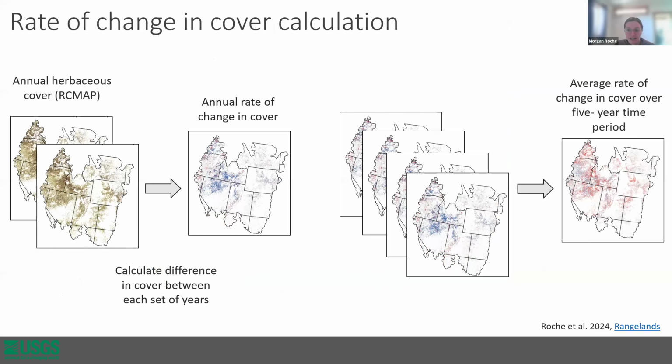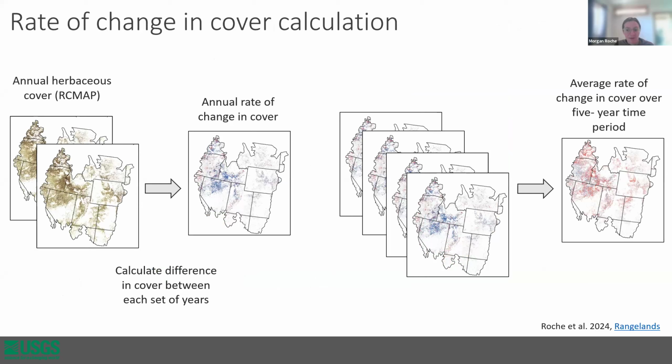We calculated rates of change in cover over 5-year time intervals across the sagebrush biome using rangeland condition monitoring, assessment, and projection data, also known as RC-MAP. This estimates fractional components of rangeland vegetation. For this project, we used the annual herbaceous cover to approximate invasive annual grass cover, because this layer is composed of mostly invasive annual grasses.